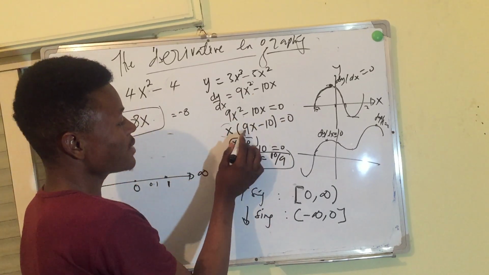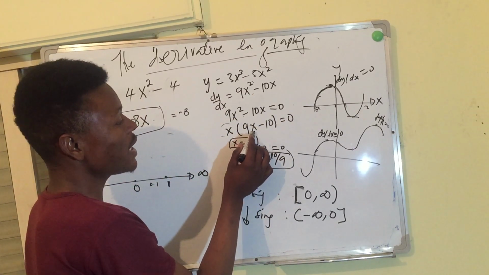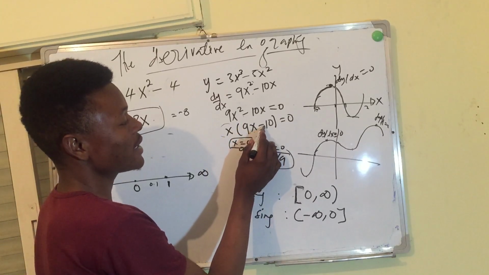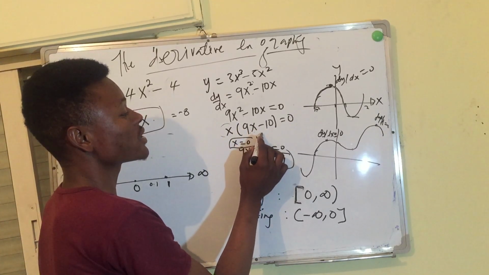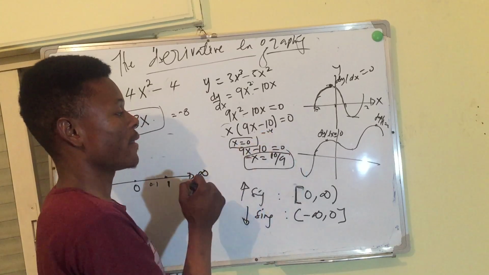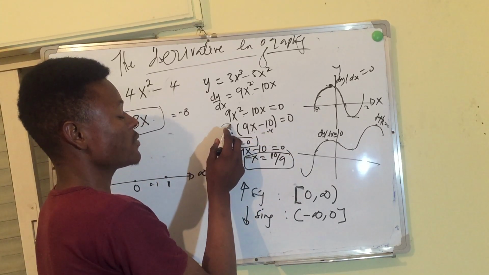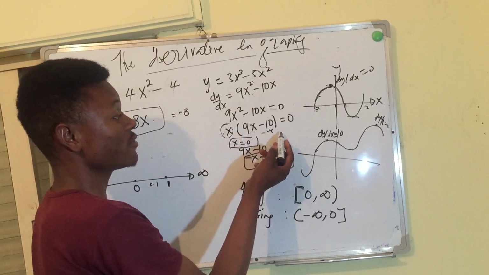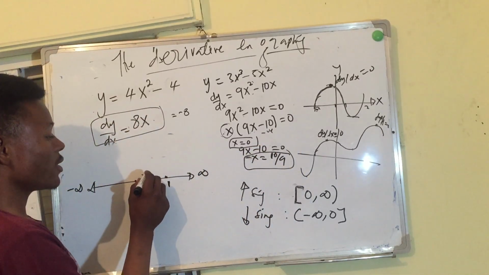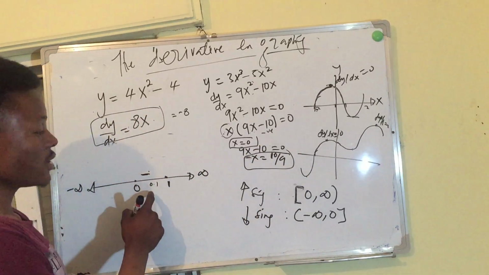It is easier to substitute into 9x minus 10: 9 times 0.1 is definitely less than 10. So this is negative, and negative times 0.1 is negative, so the graph is negative in this interval.